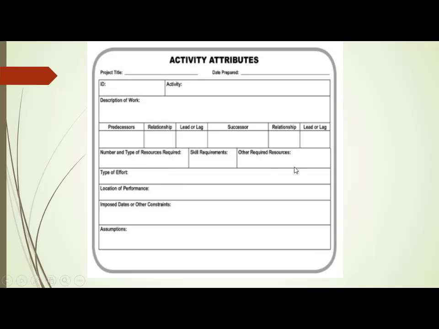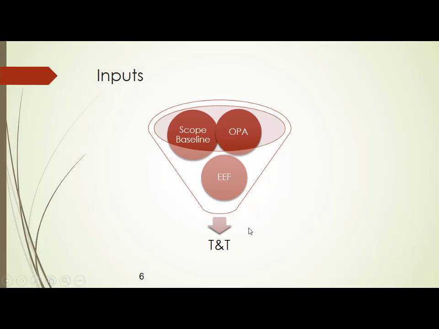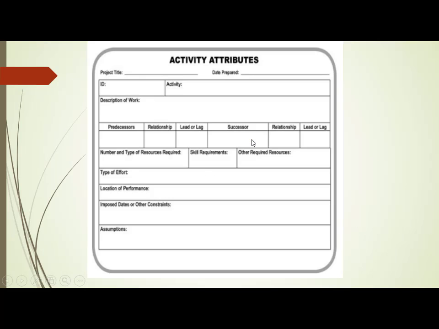So this activity attribute is nothing but a template. Where is this template available? This template is available as a part of your organizational process assets. So your company will tell you which template to use for defining all these activities.